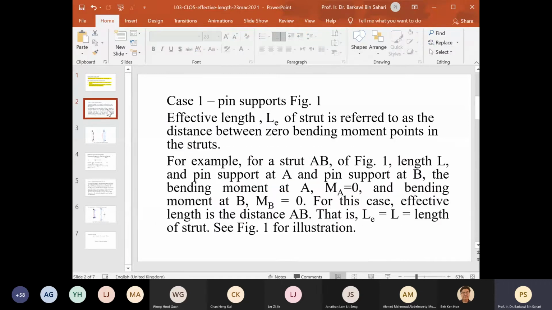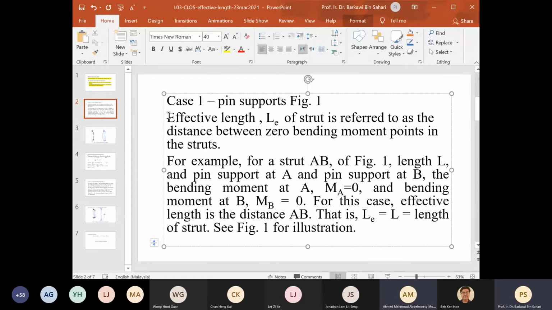So what is the definition? I lost the definition now. Yeah, this is the definition. Sir, you didn't upload this file. You didn't upload this one. Oh, I didn't upload.